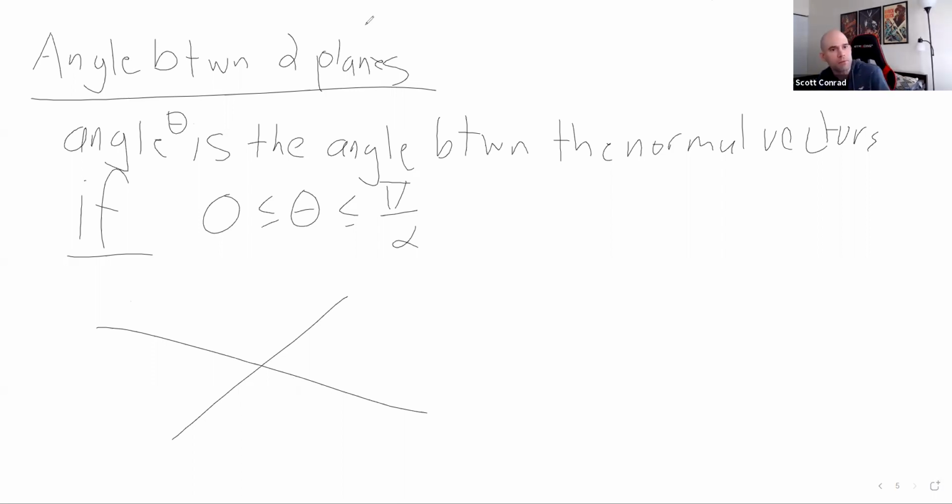But the problem is the two normal vectors could have an angle bigger than pi over 2, right? So suppose we look at the normal vectors and the angle between them is bigger than pi over 2. Well, what do we do in that case?